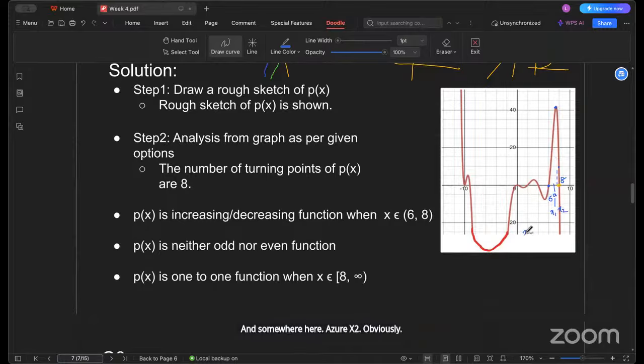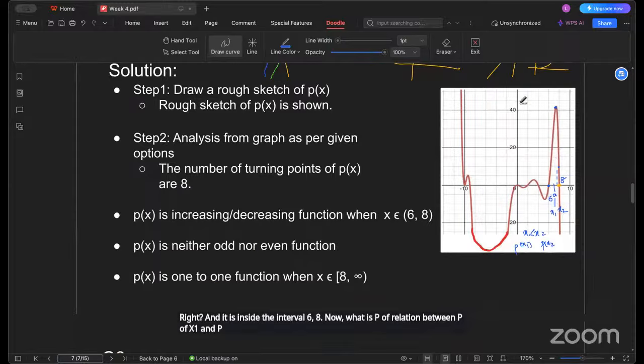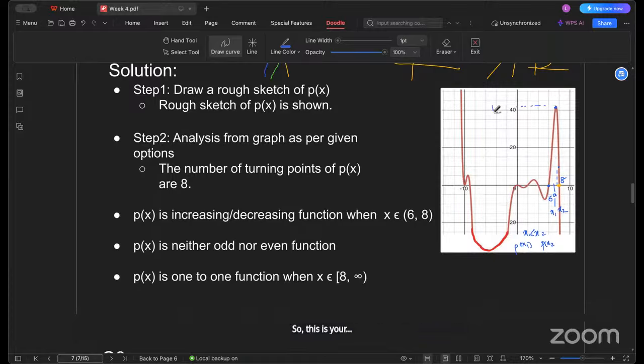Obviously, x1 is less than x2, right? And it is inside the interval 6, 8. Now, what is the relation between P of x1 and P of x2? Look at the y values. This is your P of x1, and here this is your P of x2. Which is higher, P of x1 or P of x2? P of x1. So can it be increasing?